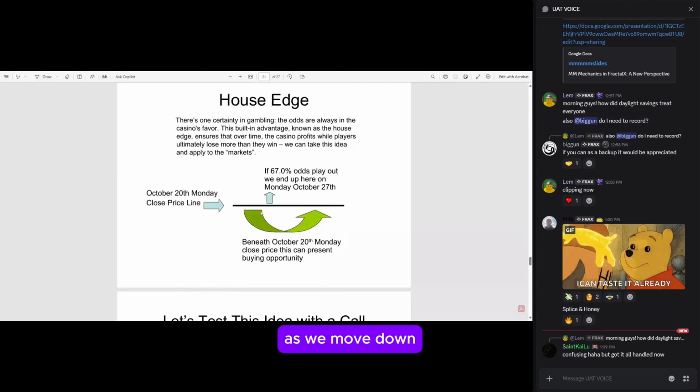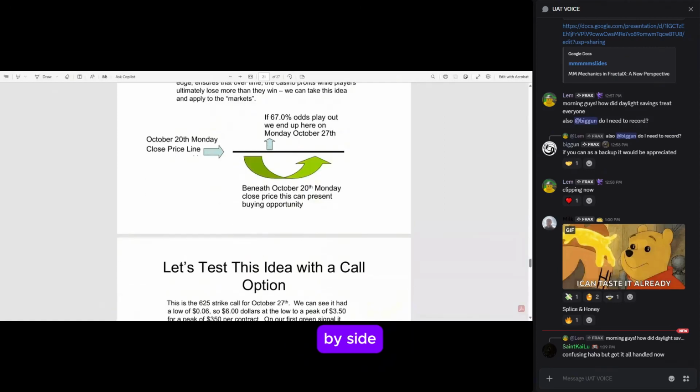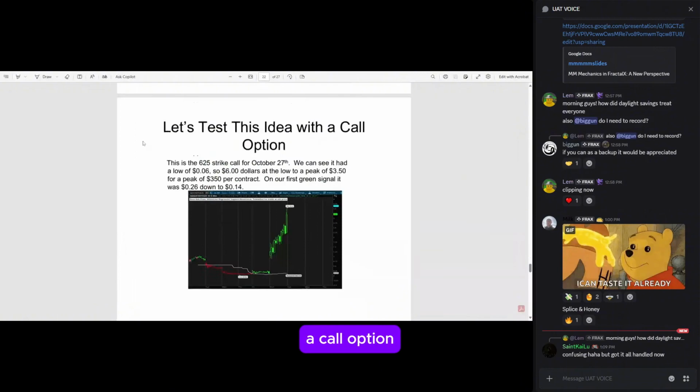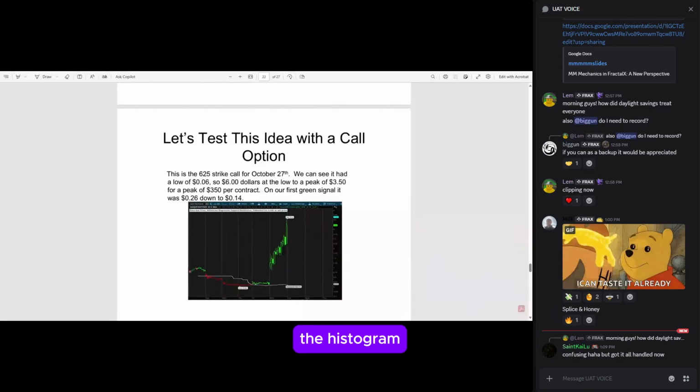So as we move down, we can look at buy side opportunities. Here I'm showing a call option, and this is insane because knowing this information, let's say we pick a 625 strike, and you can be at the money, you don't have to be way up above. I showed up here how we can resolve for price using the histogram.